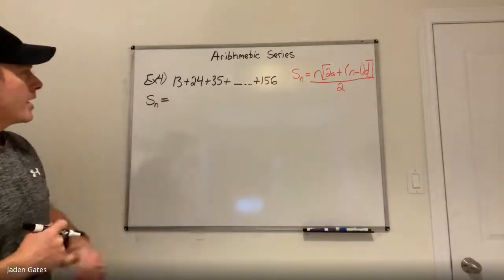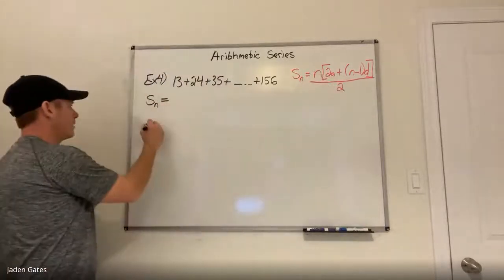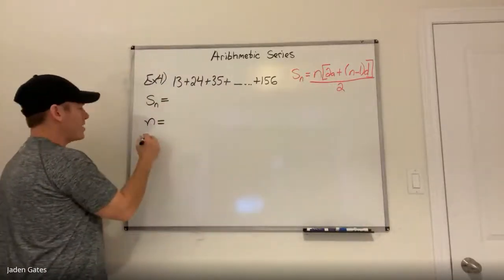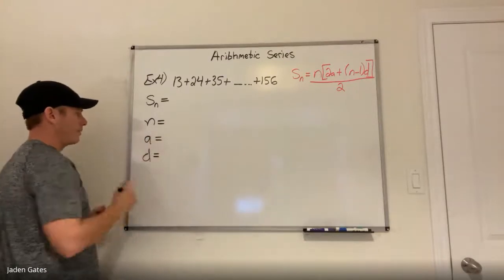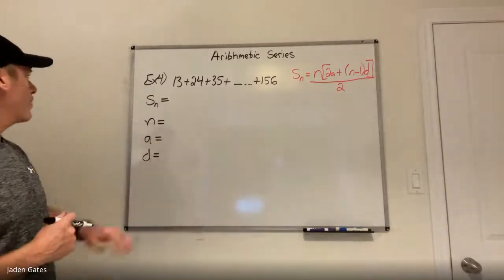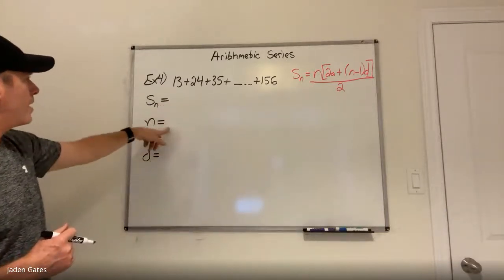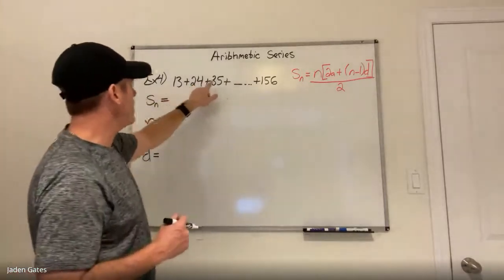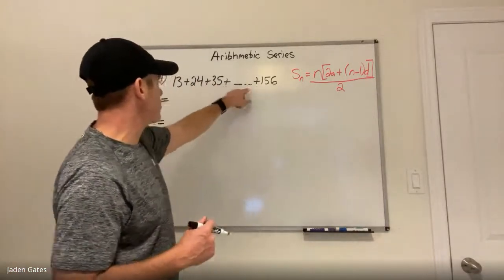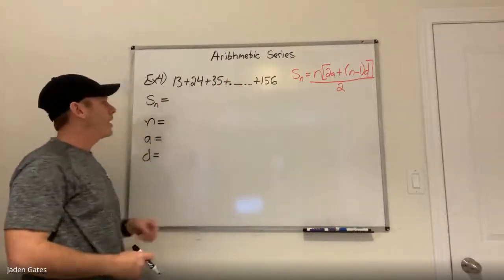Now, again, we have our variables over here. So I need the n, the a, and the d. Now, I want to find the sum of this series. It's the n. How many are there? I have no idea. 13, we keep going and going, and this means there's a lot of numbers being added in there. I don't know n.